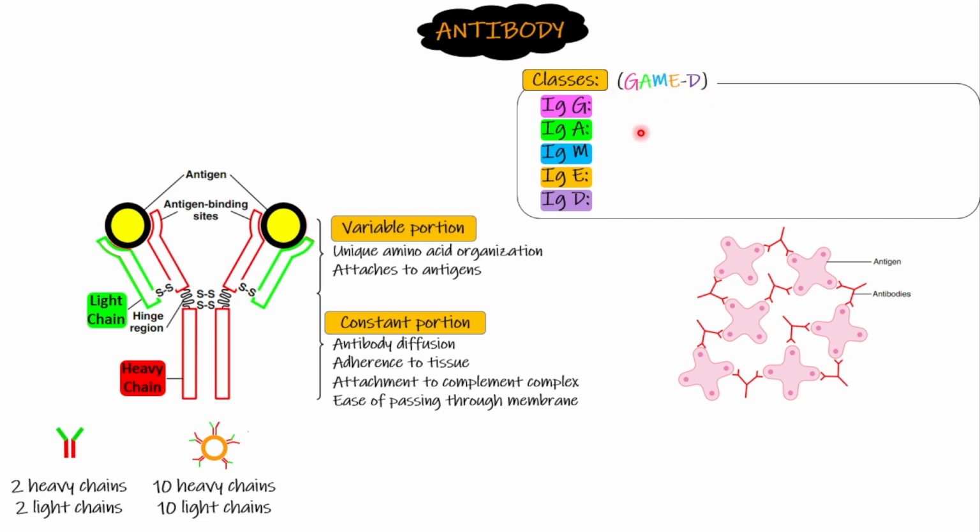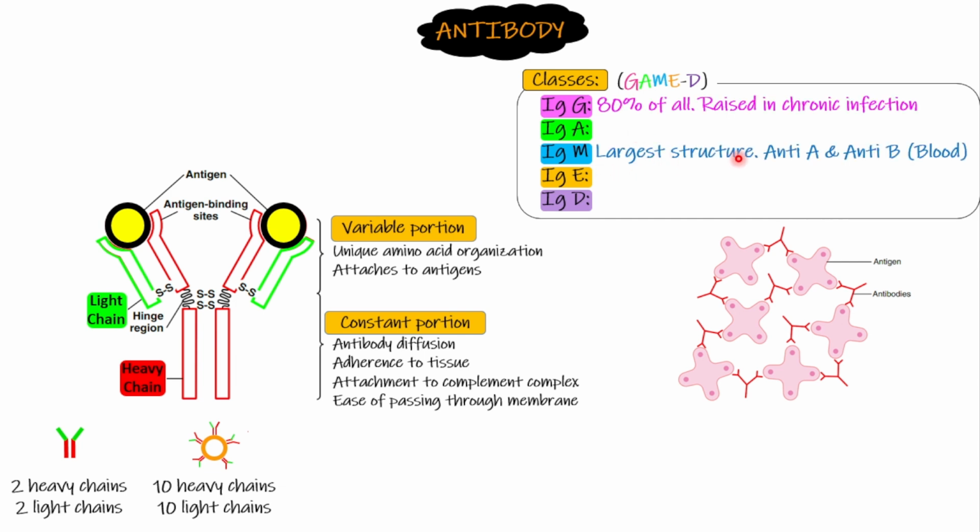Among these different types of antibodies, the largest structure is IgM. It has 10 heavy chains and 10 light chains, whereas IgG is this one, the smaller one. You can remember IgM from mega, as it has the largest size.